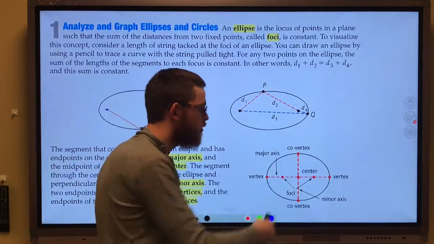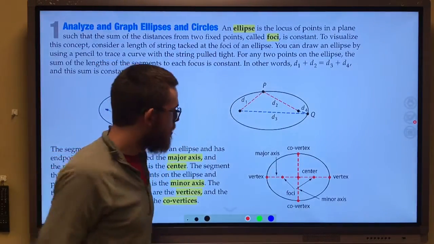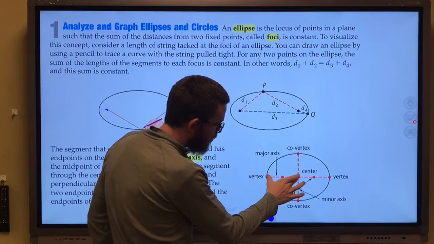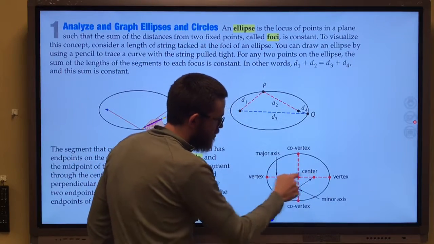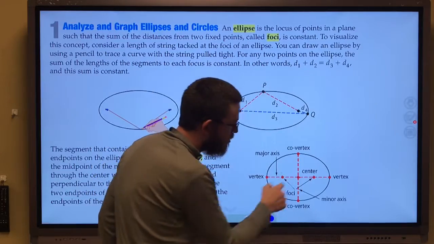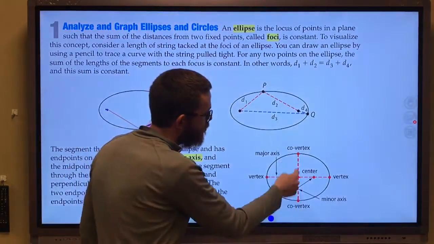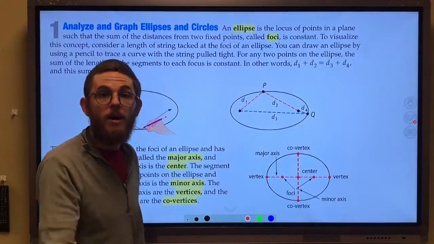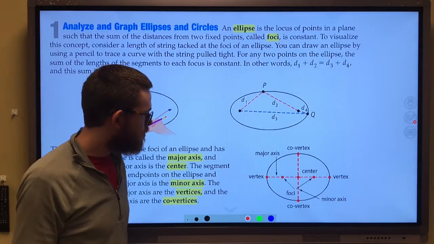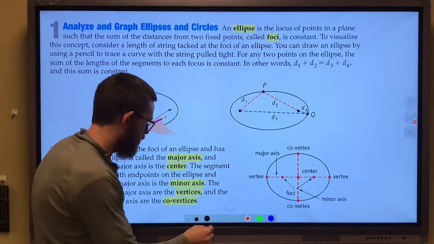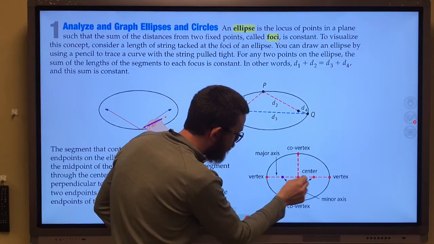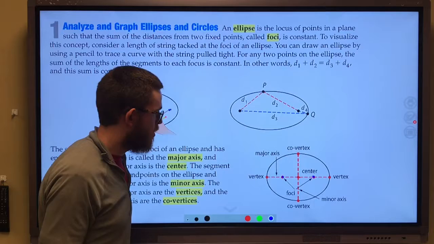These are perpendicular to each other. They meet in the center. From the center, it's the same distance to each vertex. The vertices are at the endpoints of our major axis. The co-vertices are at the ends of our minor axis. And once again, the foci are very important.